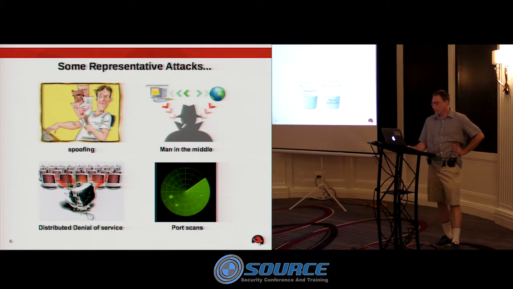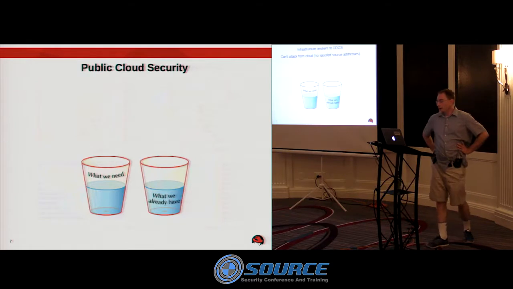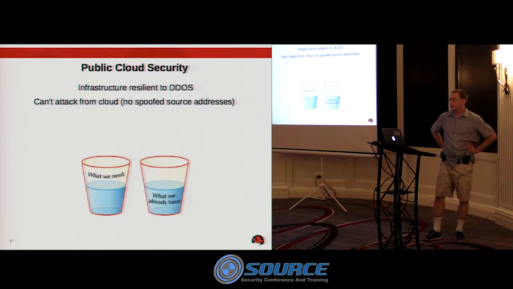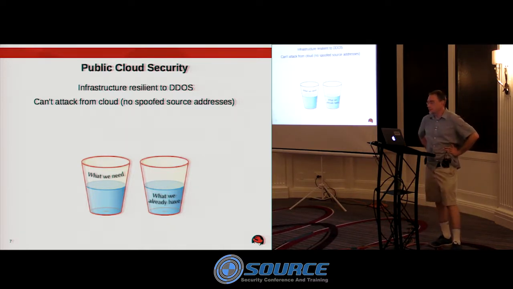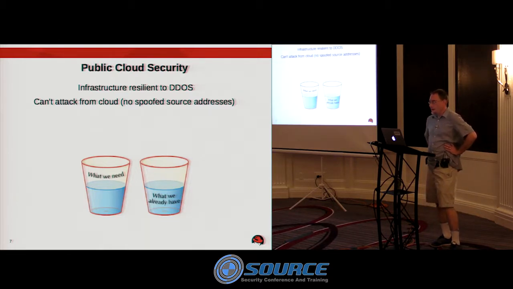All right, so public cloud security. Let's get to the heart of the talk. Public clouds are basically huge data centers in different regions for geographical reasons. As they're so big, they have some resiliency to denial of service attacks.